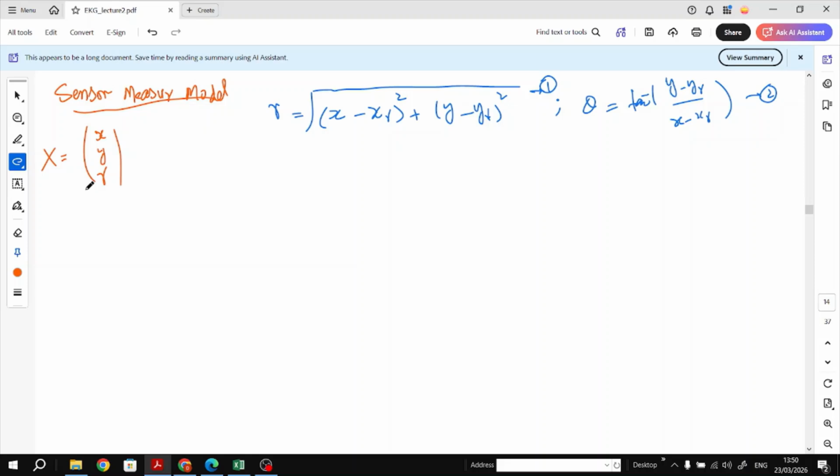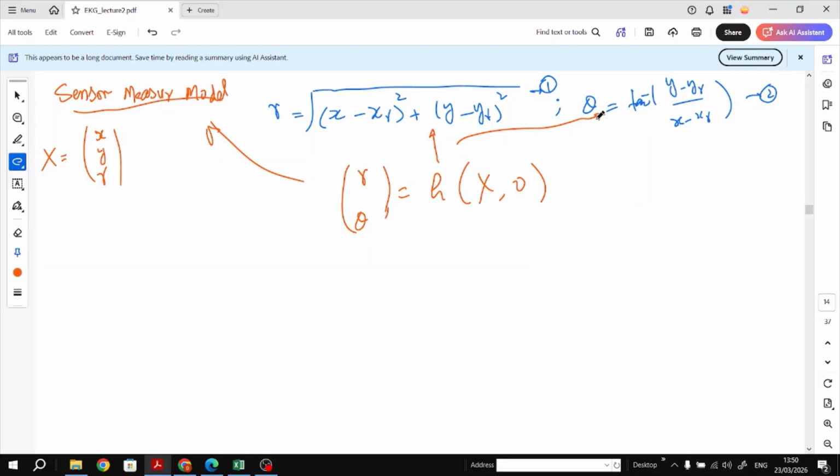So it means that you can write these two equations in r and theta like this with some noise added. This is your sensor model in general. So the function h here, you see it is nonlinear.